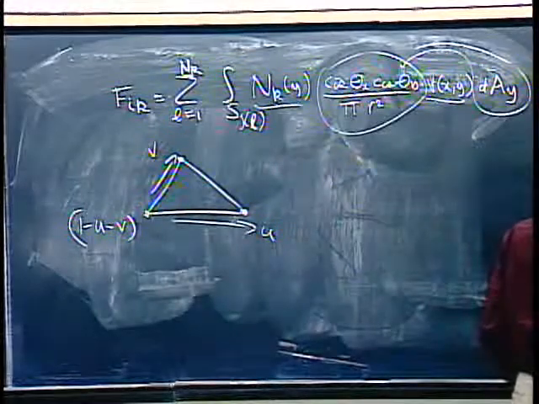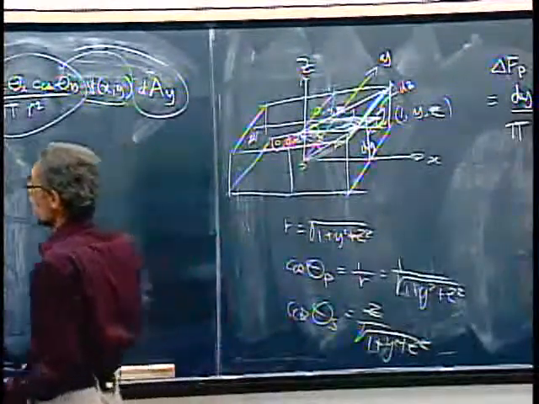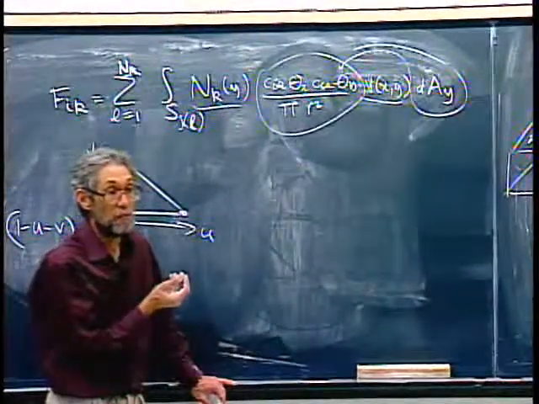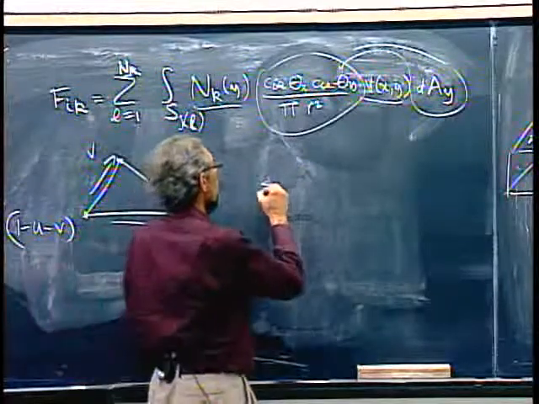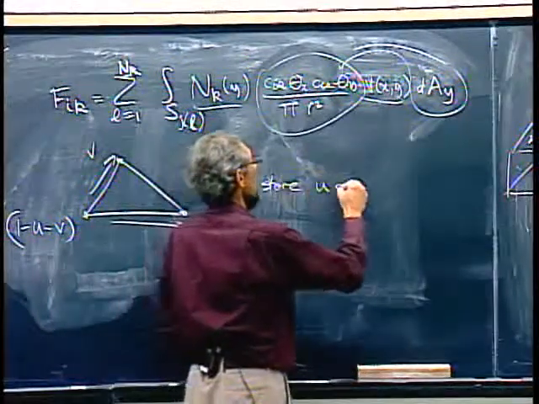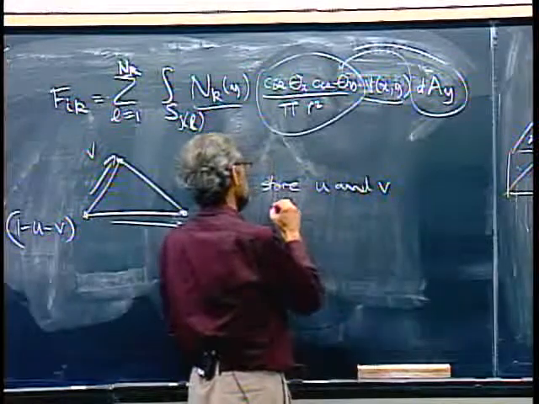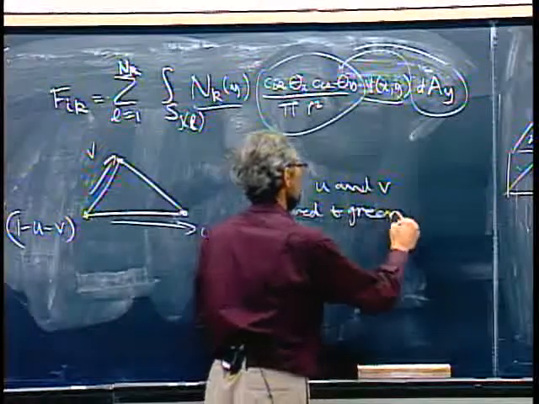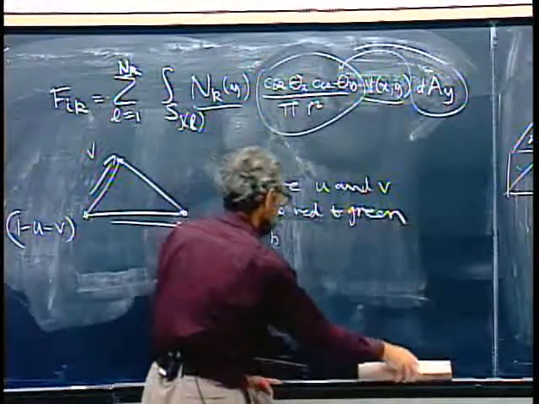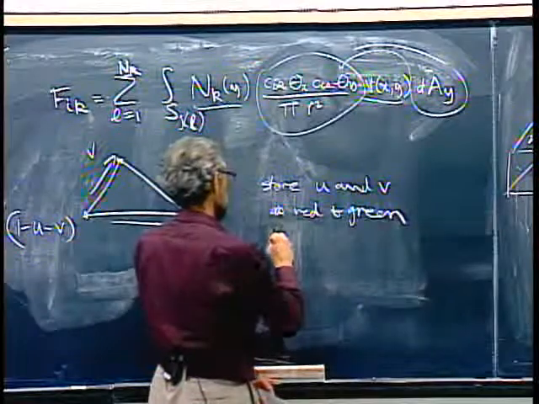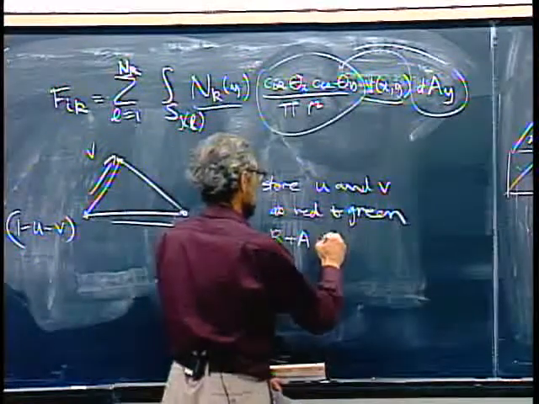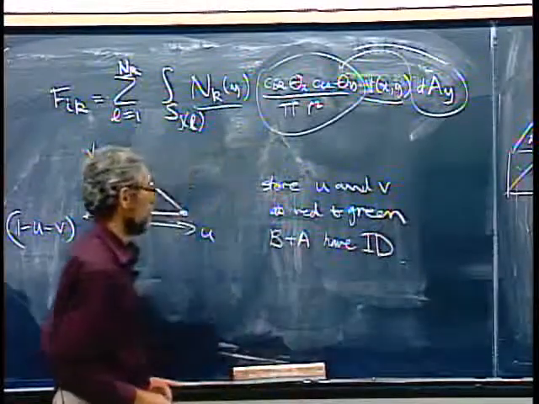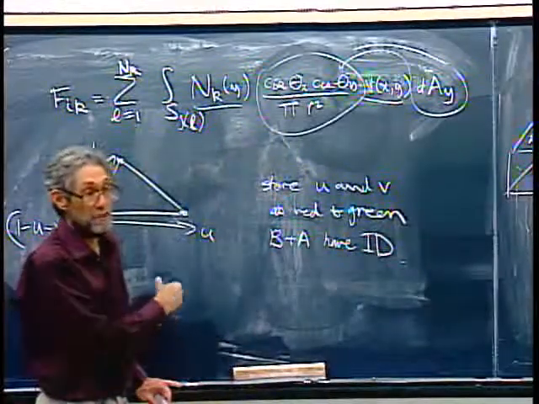What I have to do is, in my buffer, store u and v as the colors in red and green, and then blue and alpha have the ID. With modern frame buffers, you have enough for lots of polygons because they're each 32 bits.